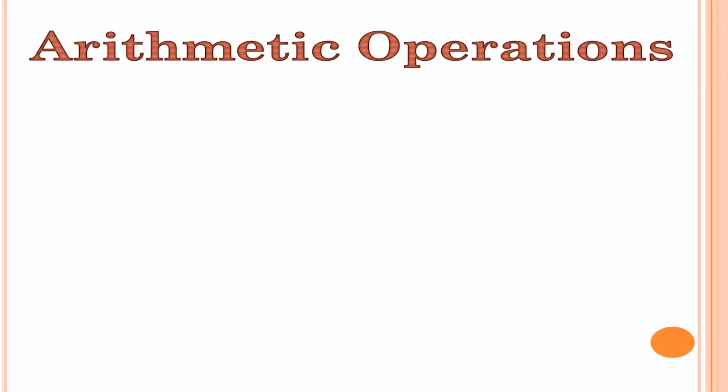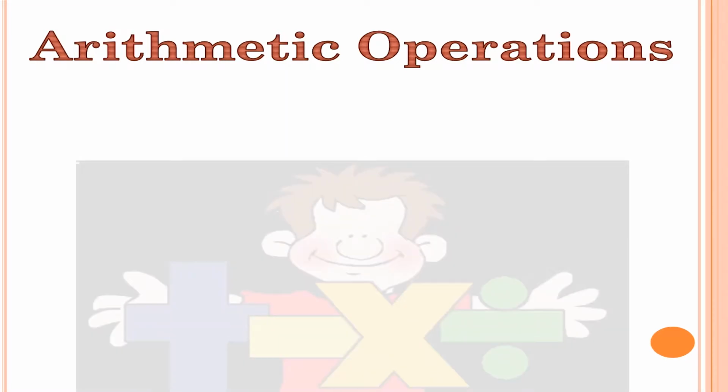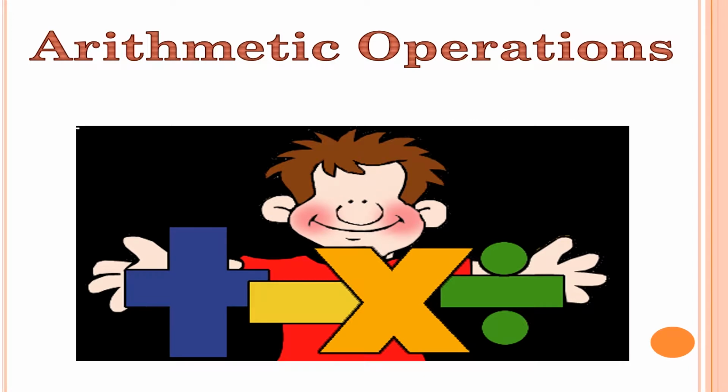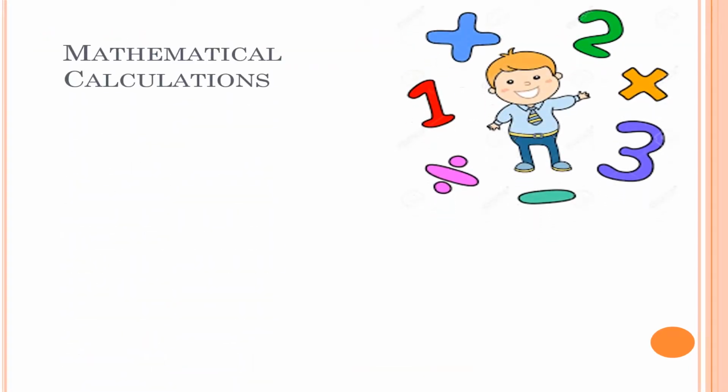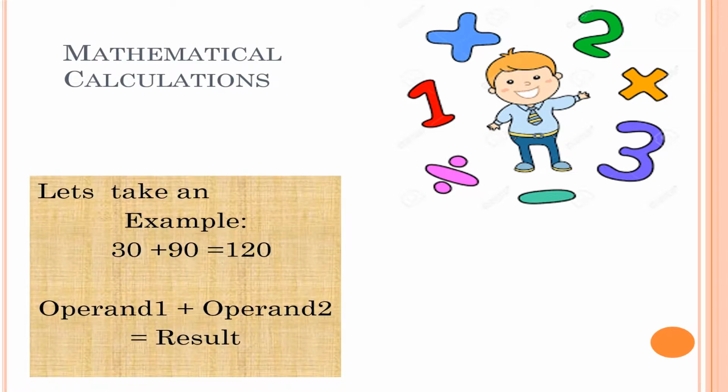Beginning with arithmetic operators. They are also called mathematical operators. Computer programs are widely used for mathematical calculations. We can write a computer program to perform simple mathematical operations like addition. Let's take an example. 30 plus 90 is equal to 120.